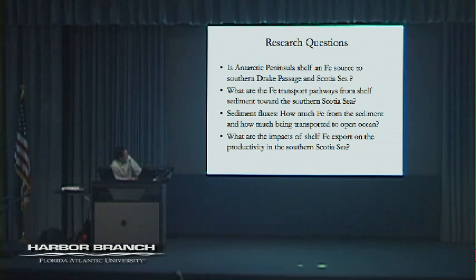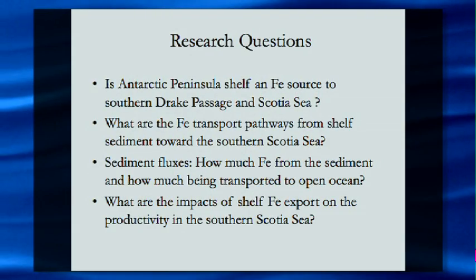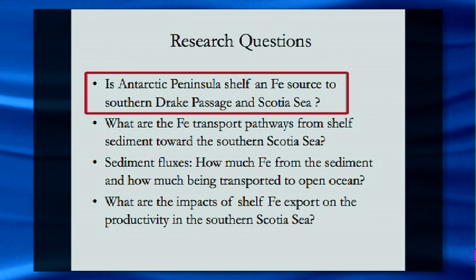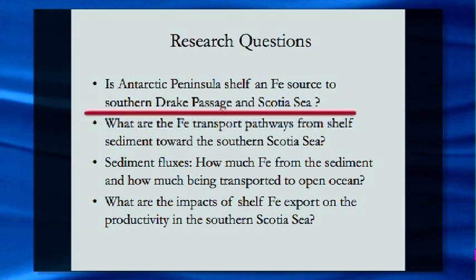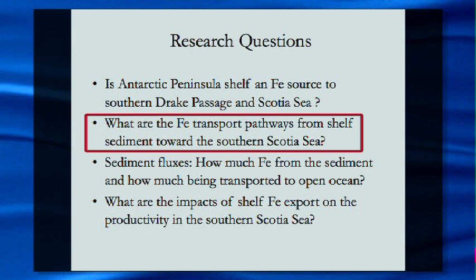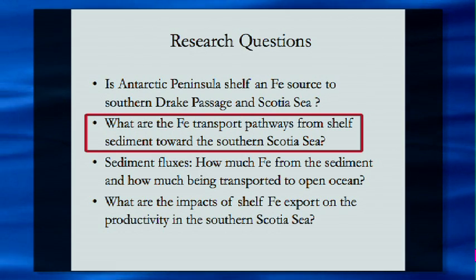So in order to understand the whole process, we came up with a few research questions. The first question is natural: is the Antarctic Peninsula shelf an iron source to the Southern Drake Passage and Scotia Sea? The second question, if yes, is what are the iron transport pathways? We want to know how it gets into the water and how it gets transported downstream.